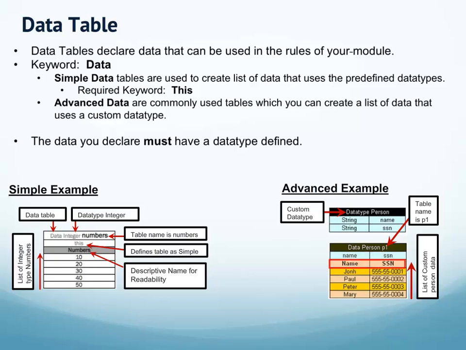The third row is for descriptive purposes, and then the fourth row and further contains data values, and each row is a particular data object. So you can see how we can create a complex data structure using these advanced data tables. In a later slide, we will discuss the data type, keyword, and table in detail.